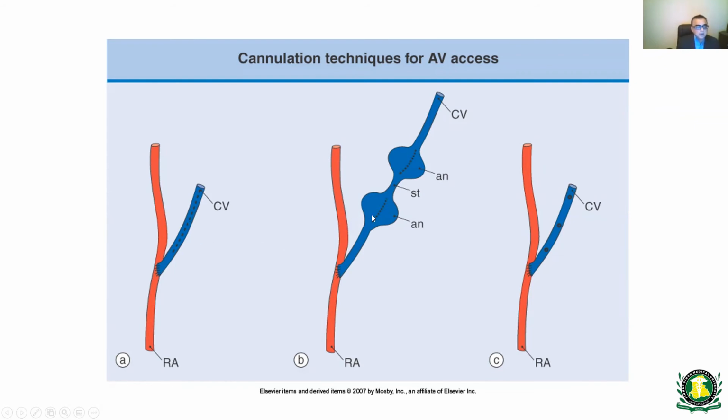But with the area technique, which means that you continuously cannulate with the needles in the same areas, you can develop aneurysms and stenosis in between the aneurysms, which can cause problems in the access. In some places, the buttonhole technique has been used, and there are certain situations where the buttonhole technique can cause infection in the tunnel.